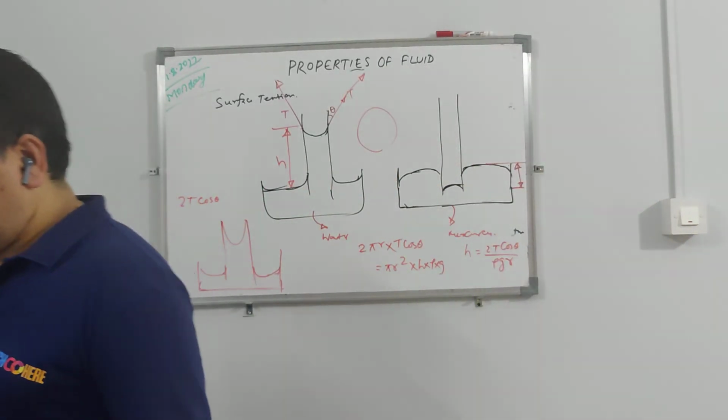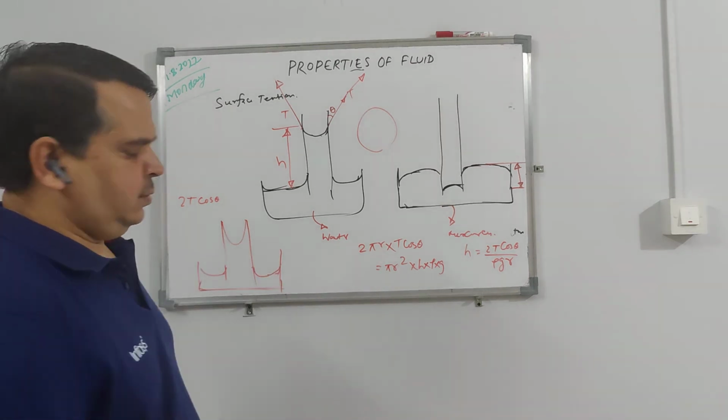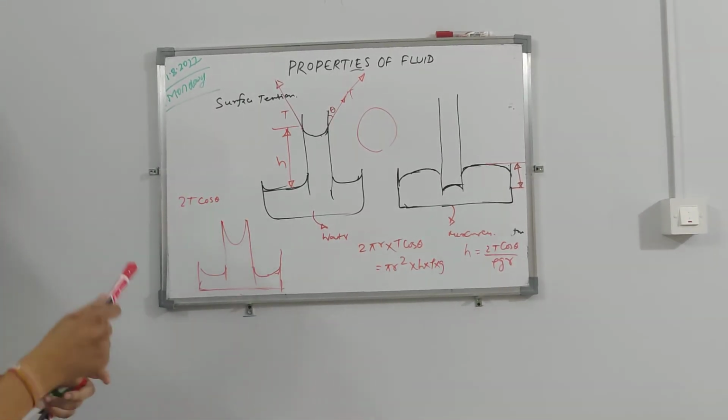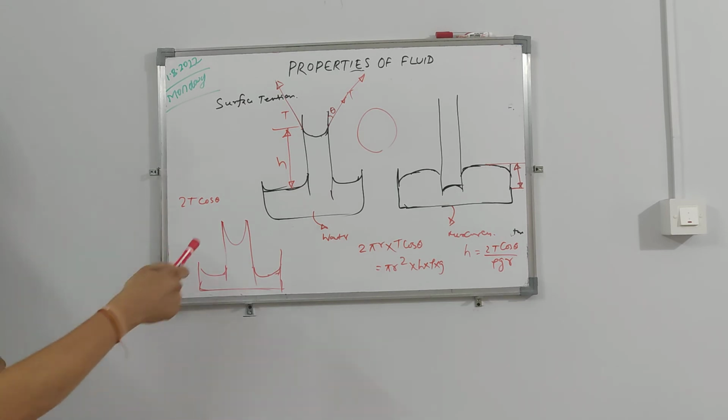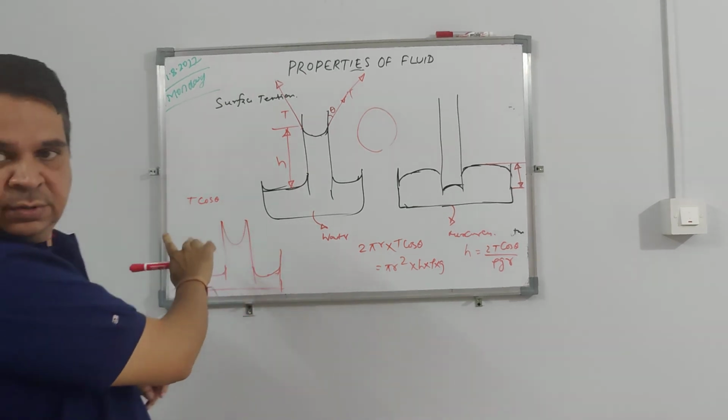So here don't confuse it. T cos theta is acting on the whole length, so don't put 2 there.